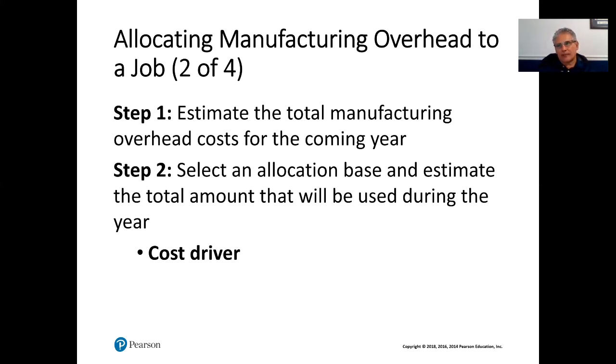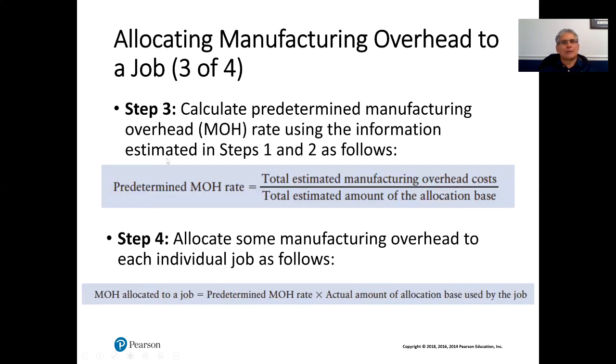We already have it in our system, so it's not something we're going to have to create. A cost driver is something that drives the cost, and we're going to use that cost driver as an allocation base. Step number 3, calculate the predetermined manufacturing overhead rate using the information estimated in steps 1 and 2.